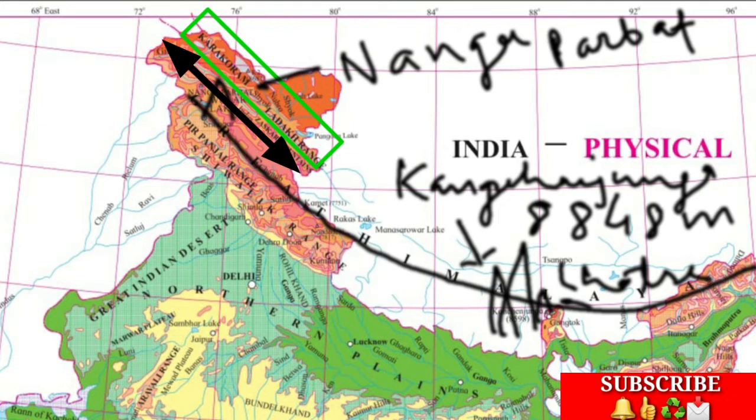The average elevation of these mountains is 6,000 meters. It consists of glaciers, for example, Gangotri Glacier, Satopanth Glacier.